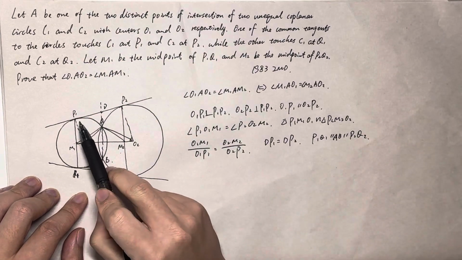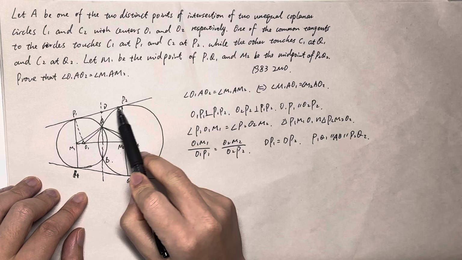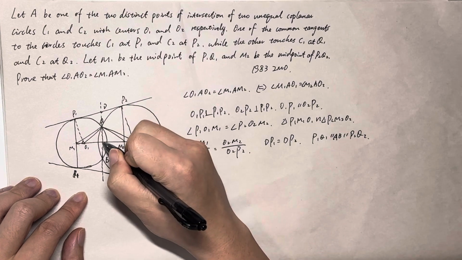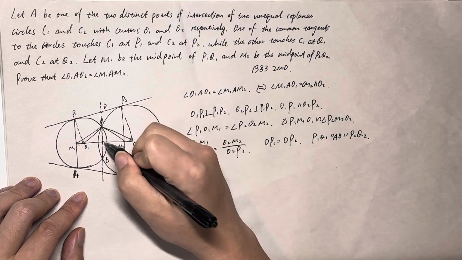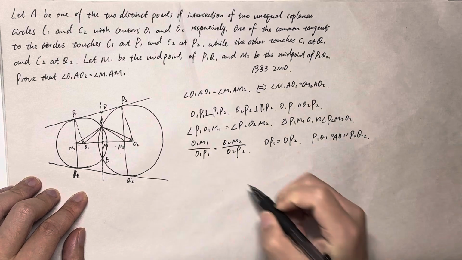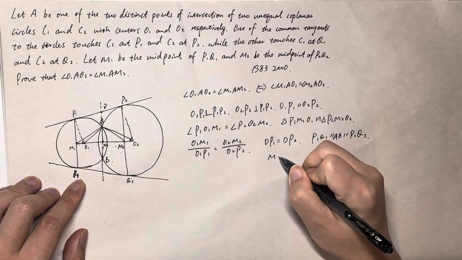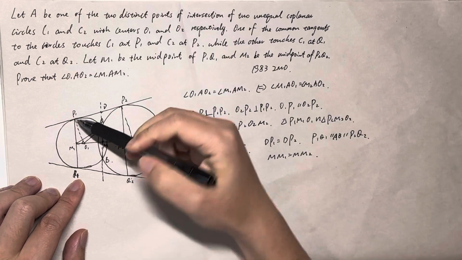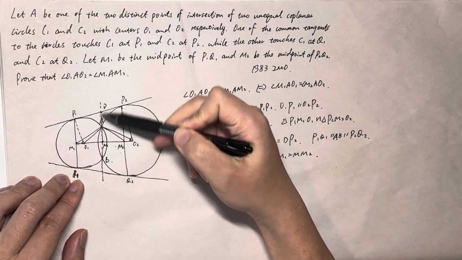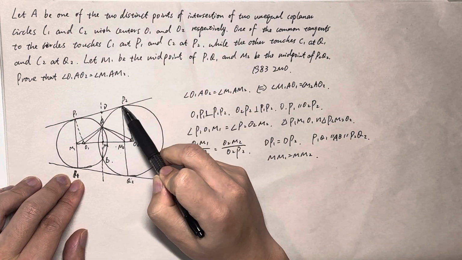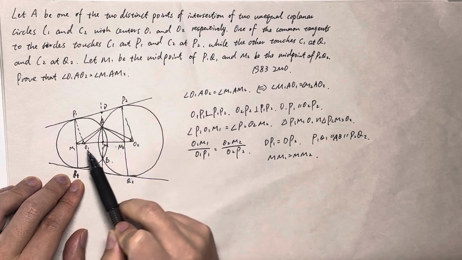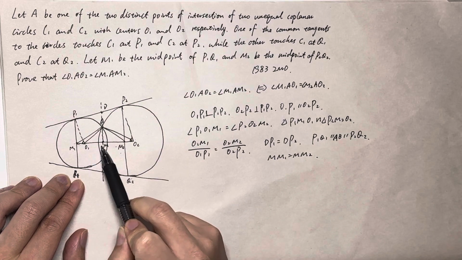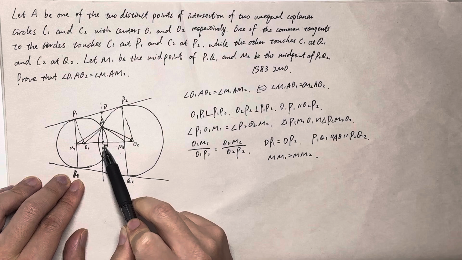And we know that DP1 equals DP2, which means if we find the midpoint, we call it M, then MM1 equals MM2, because DP1 equals DP2, the ratio of DP1 to DP2 equals the ratio of M1M to MM2.